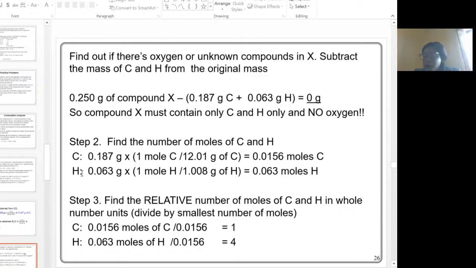Then for hydrogen, the mass is 0.063 grams. So using the same formula, number of moles is equal to mass over molar mass.